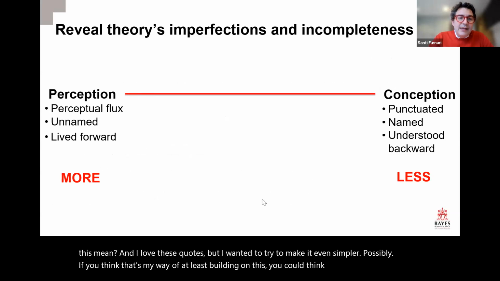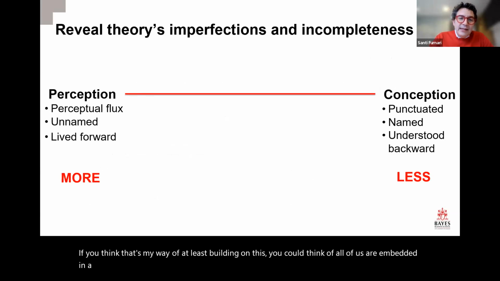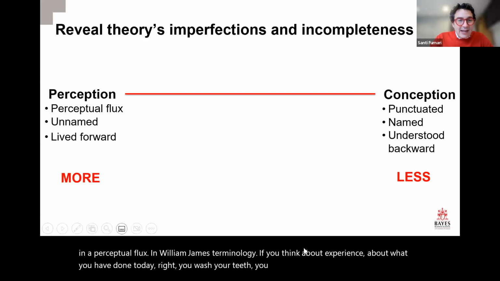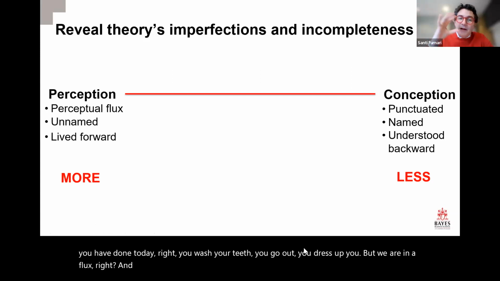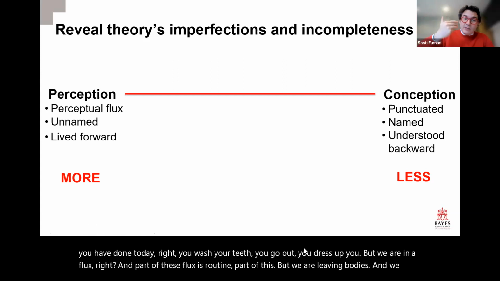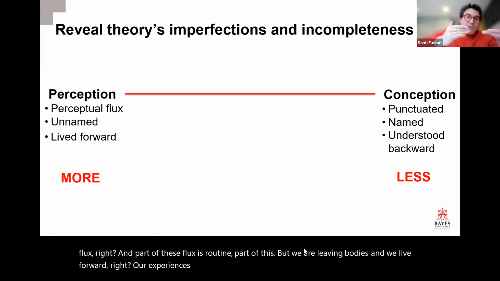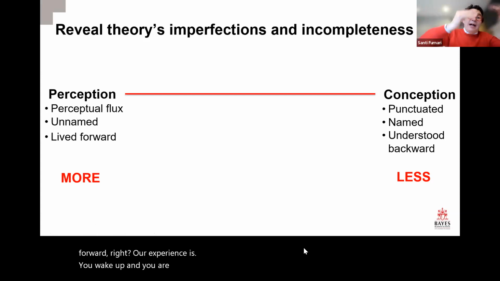You could think of all of us as embedded in a perceptual flux, in William James' terminology. Think about what you have done today: you wash your teeth, you go out, you dress up, but we are in a flux. Part of this flux is routine, but we are living bodies, and we live forward. You wake up and progress through time.